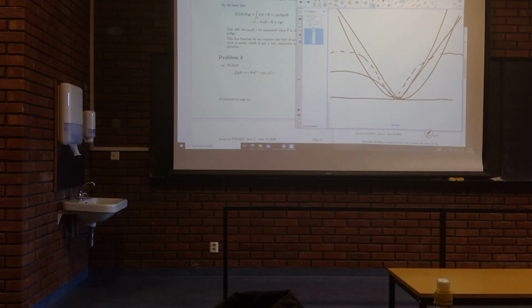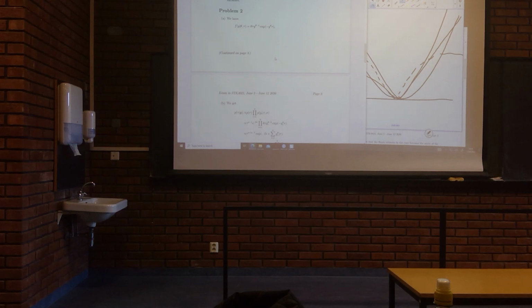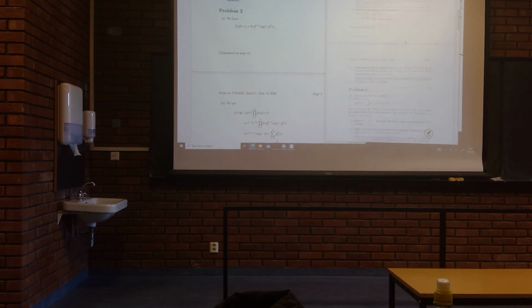Okay. Exercise 2. So let's see if I can find that one as well. Right, so this is a somewhat different distribution from what we have been looking at so far.